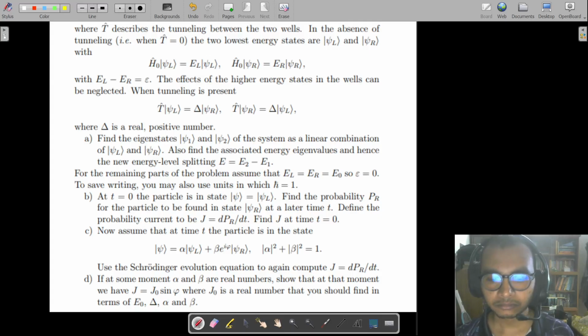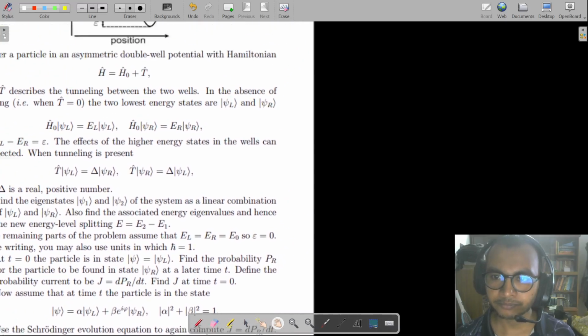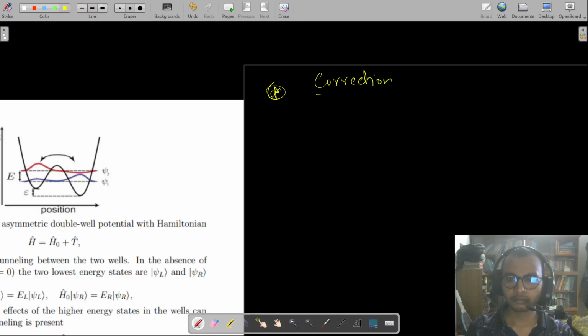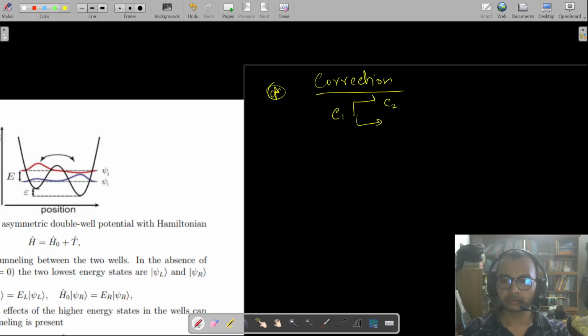Right. Before we do that, I'll start this video with a correction. In one of the earlier videos regarding this problem, I mentioned that for a particular C1, we'll have two values of C2, one corresponding to the plus sign, another corresponding to the minus sign.